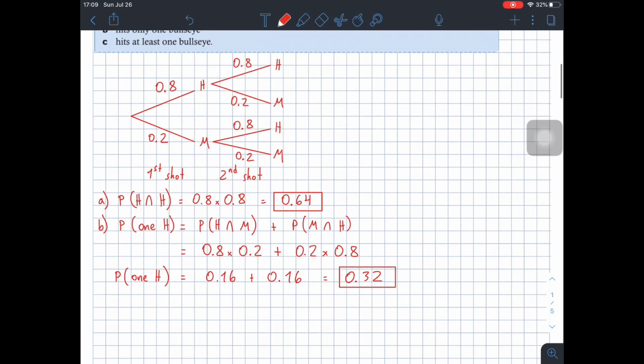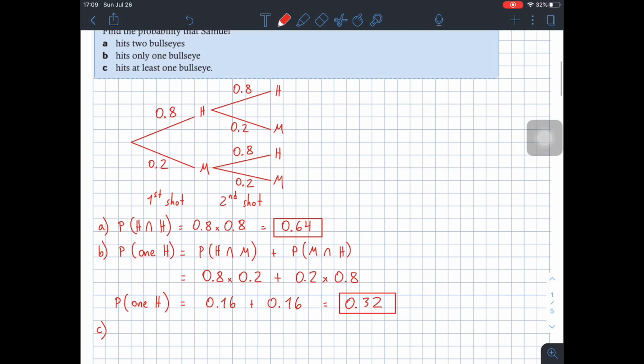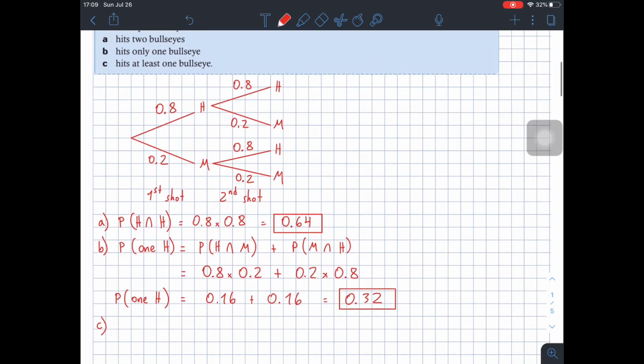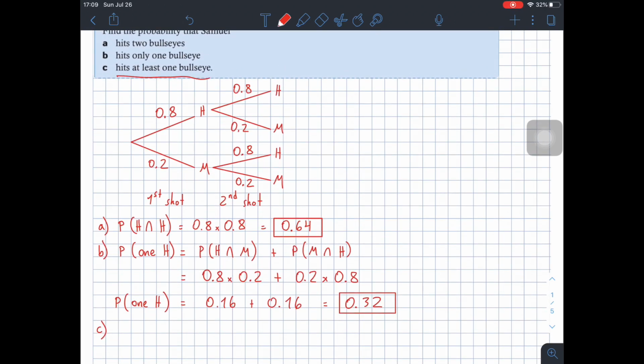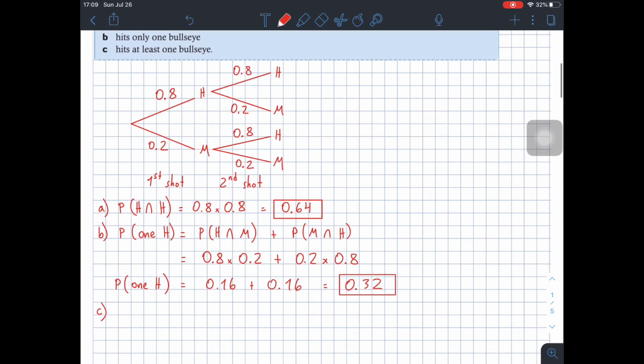Finally, for part C, it says hits at least 1 bullseye. Okay, I'm going to show you 2 ways in which you can find this part, right? There's a long way and then an easy way. The long way would be contemplating all the different options in the universe. So the probability of at least 1 hit.